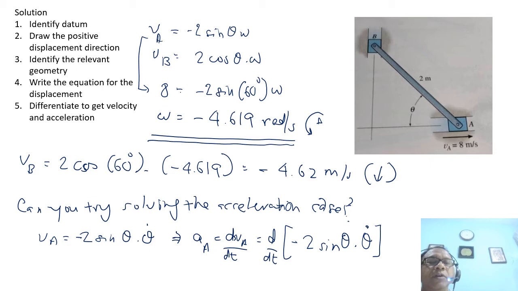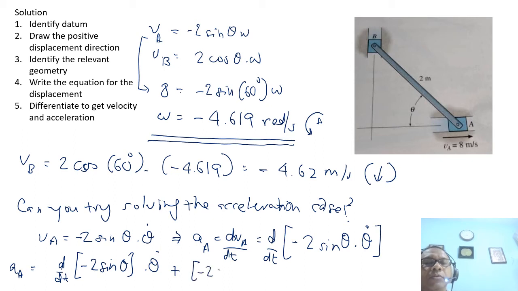So you can rewrite AA as d over dt of minus 2 sin theta times theta dot, plus minus 2 sin theta times d theta dot over dt.